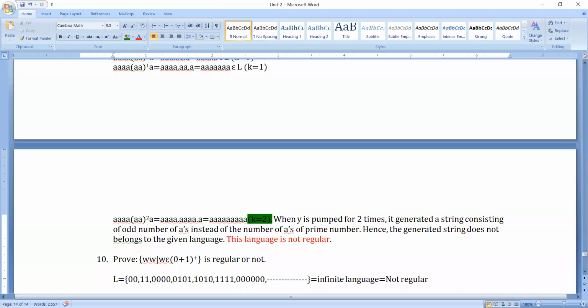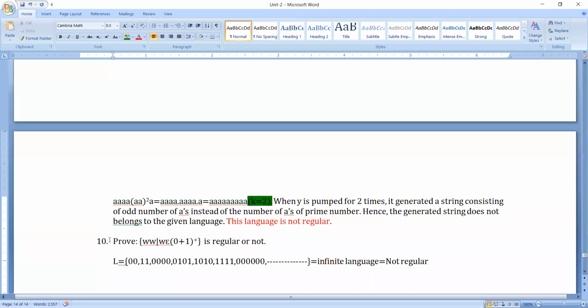This language is not recognized by a finite automata, but it can be recognized by one more automata, which is the pushdown automata. We are going to construct the automata for this when we discuss the pushdown automata in subsequent sessions.